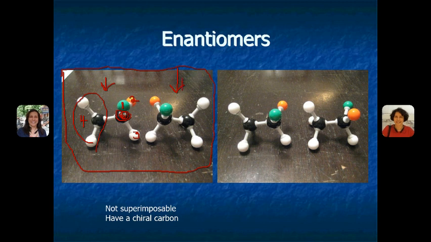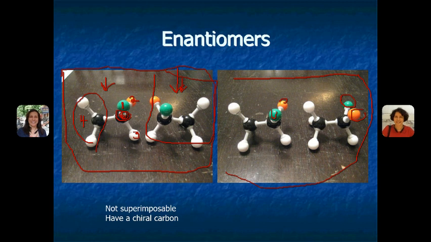If we rotate this one so that now it has the green and the orange atoms also facing its right side, that's what we did on this side here. Now you see that on this one the green atom is on the back and the orange one is in the front, while in the other one the green one is in the front and the orange one is in the back. So no matter what you do, you cannot exactly superimpose them on each other.